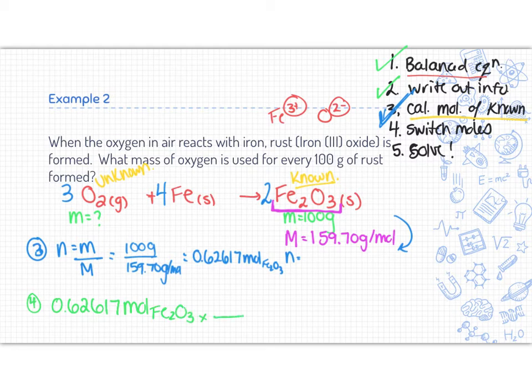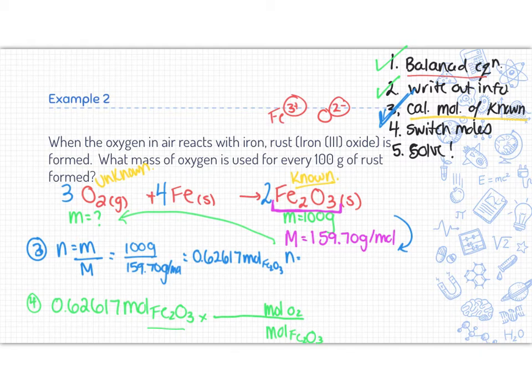and I'm going to multiply by a fraction. In this fraction, I always want to cancel what I've started with. So moles of Fe2O3 need to go on the bottom to cancel. Because I'm interested in switching moles from iron 3 oxide to oxygen, I'm looking for the moles of oxygen. So they need to appear in the top of my fraction.